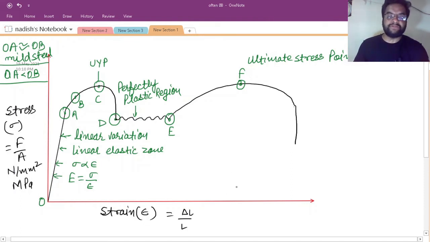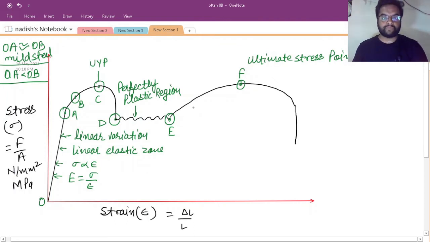In this region between E and F, the strain increases at a faster rate and our specimen undergoes changes in atomic and crystalline structure, resulting in increased resistance to further deformation. That is why this region is called the strain hardening region.